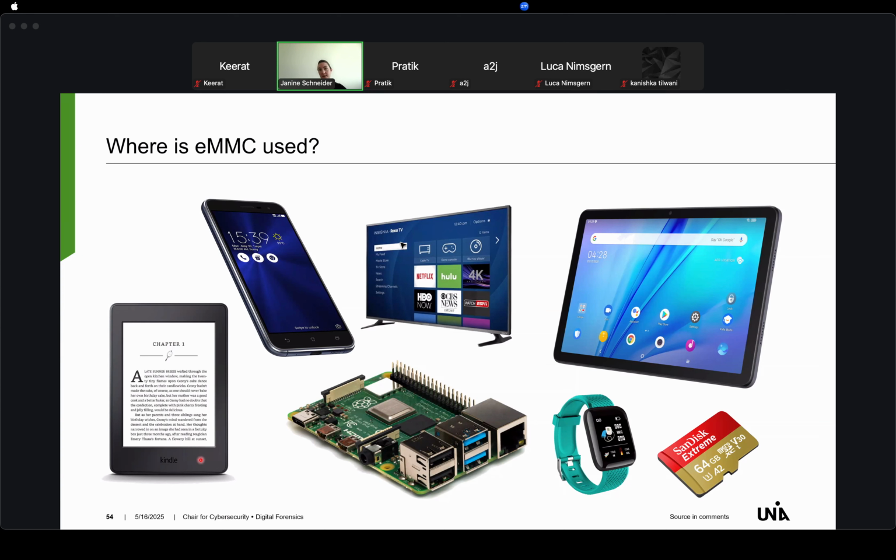All of these devices have eMMCs integrated in them, like your smartphone, your Kindle, your Raspberry Pi with which you make your experiments at home, your smart TV, your smartwatch, your micro SD card, your tablet, like you name it, almost every consumer device has an eMMC in it.